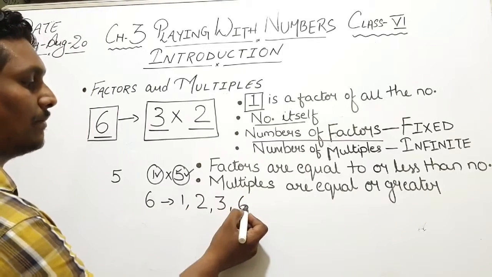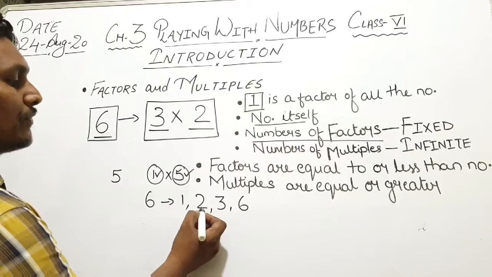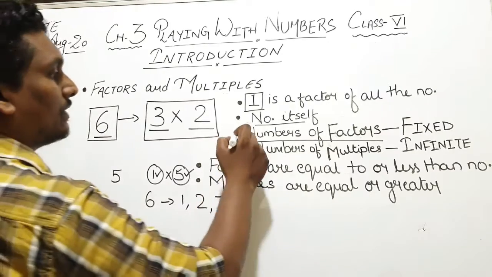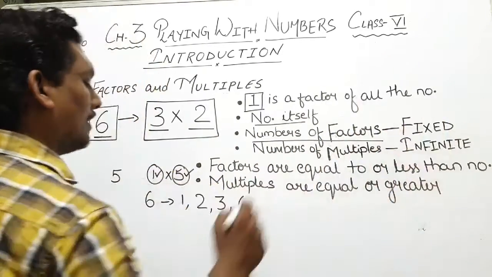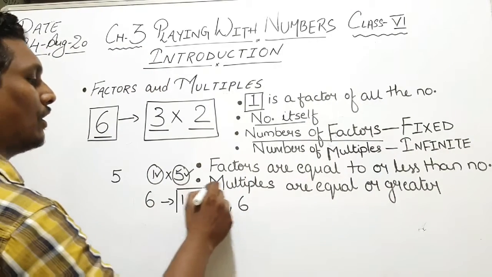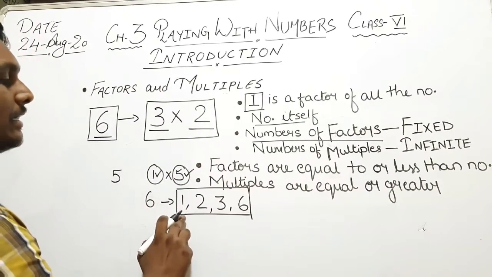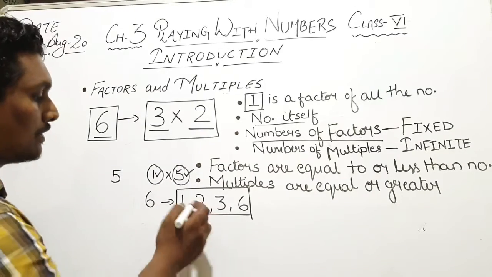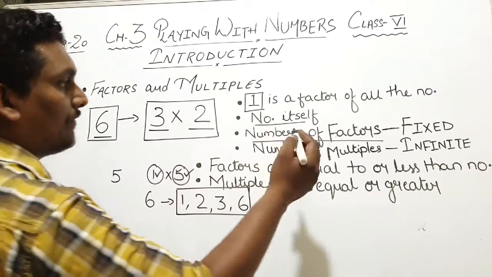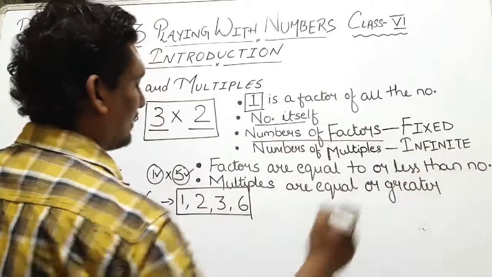Here 1 and the number itself, that is 1 and 6, and 6 also comes in the tables of 2 and 3. So the third point is that the number of factors is fixed. These are the factors of the number 6, and they are fixed, right?